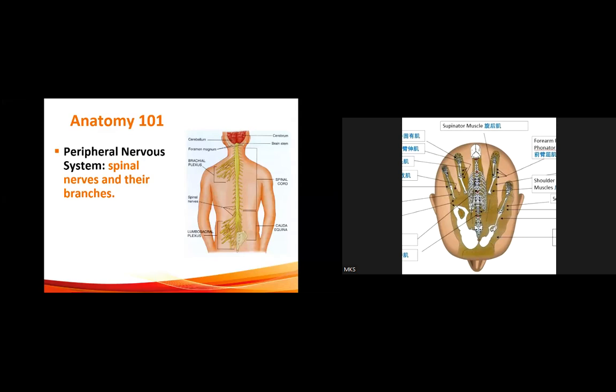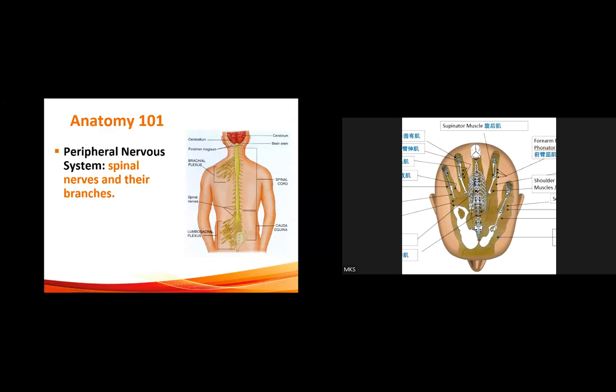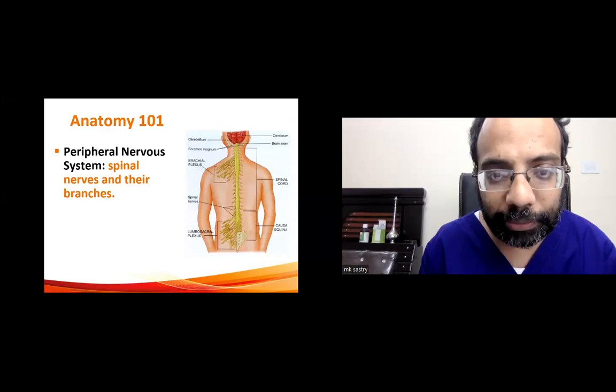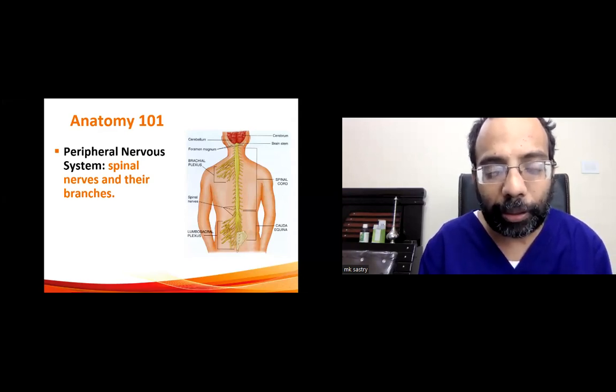Lumbosacral plexus. Yes, this is the lumbar plexus, spinal nerves, spinal cord. Then comes the brachial plexus. Above is the foramen magnum and the cerebellum. This is called the peripheral nervous system, the spinal nerves and their branches.